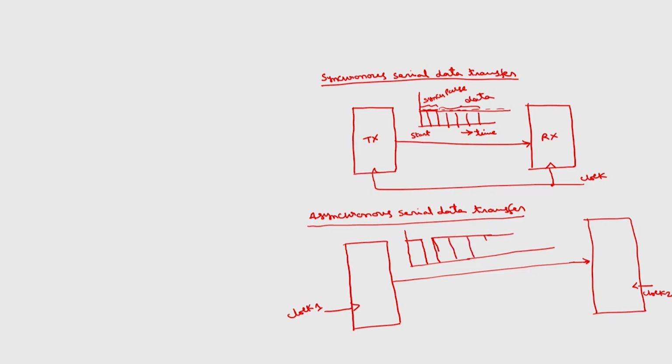If I assume 8 bits of data, 1, 2, 3, 4, 5, 6, 7 and 8, each will be of the same duration. Then the line will be high for 2 clock periods.